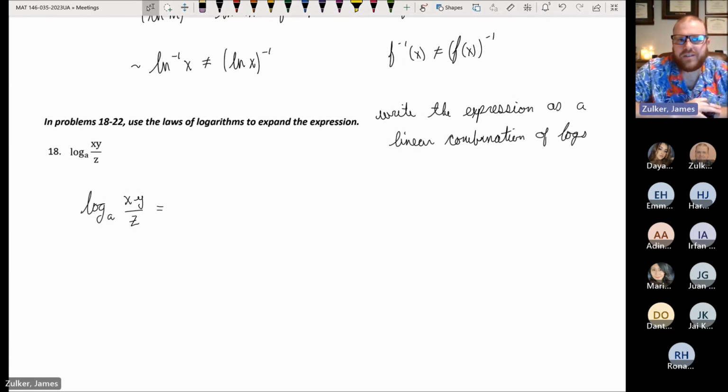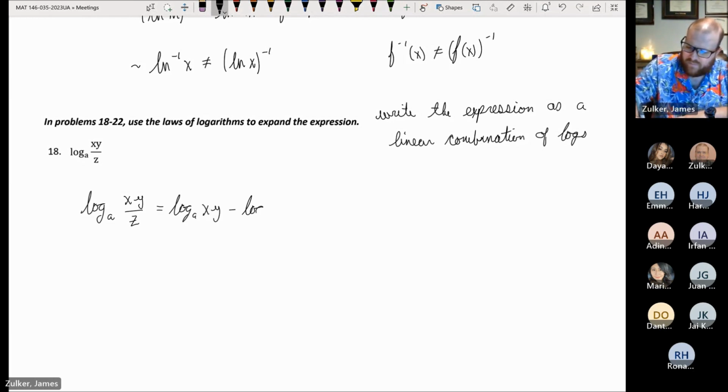First thing we should notice is that there is log of a quotient. So that is the difference of the logs.